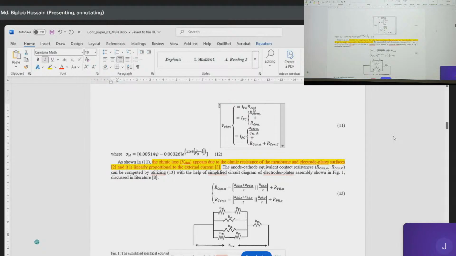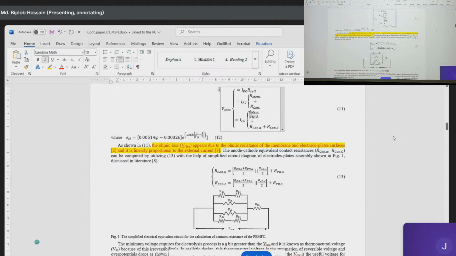We can write this total resistance quantity in two parts: one is the membrane resistive drop, another one is the contact resistive drop. For the membrane resistive drop, as we know, the name of this fuel cell is PEM, that means proton exchange membrane. So we basically put a proton exchange membrane in between the anode and cathode. This highly depends on the conductivity of this membrane.